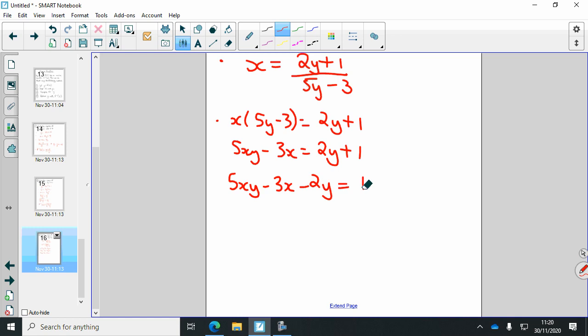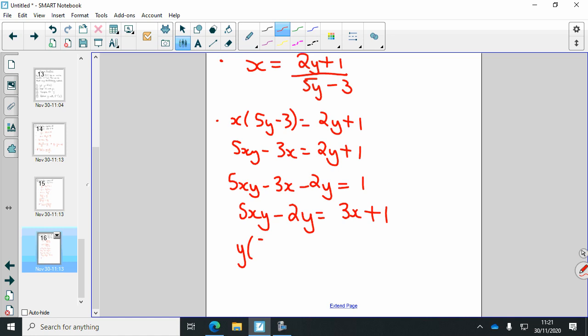And then any non-y terms I'm going to take back to the right-hand side, which is the 3x. So I'm going to add the 3x to the right-hand side. So it becomes 5xy minus 2y equals 3x plus 1. Now at this point we need to unpick the y, which means factorising. There's a common factor of y in there.